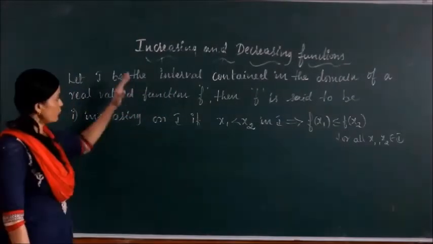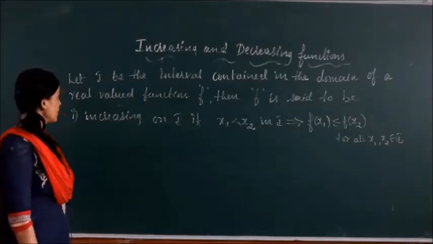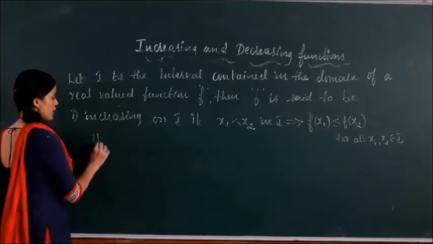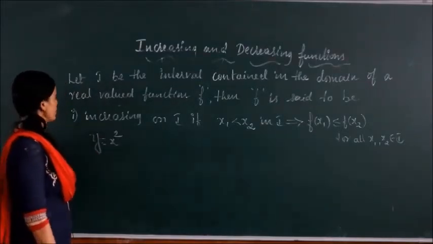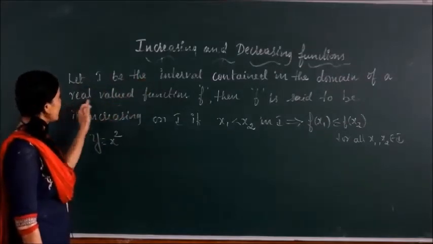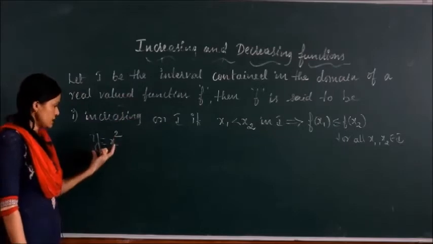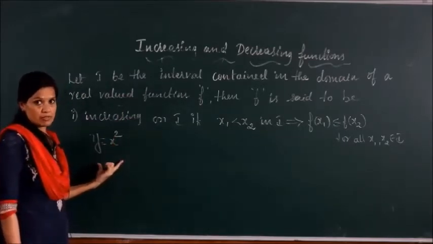So I am going to explain this by taking one example. I take the example of y equals x square, this is a function. Let I be an interval contained in the domain of a real valued function. See, this is a real valued function. What is the domain? Domain is the set of real numbers.